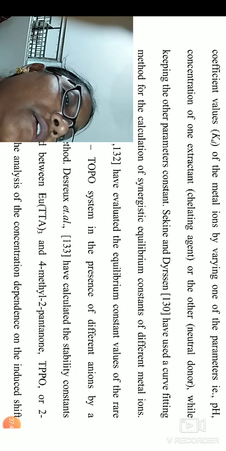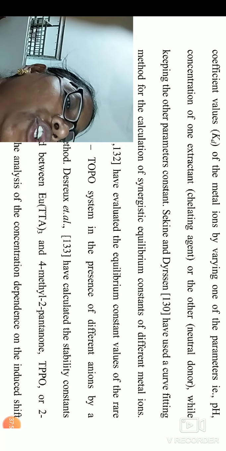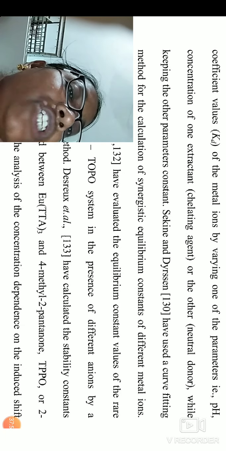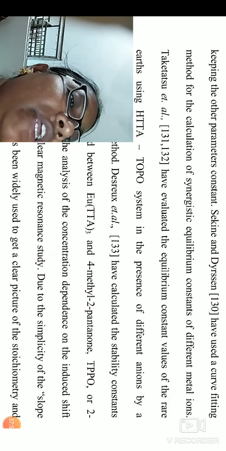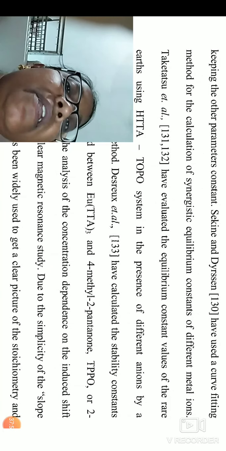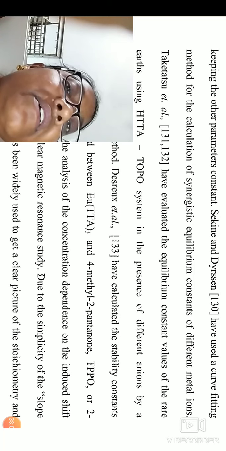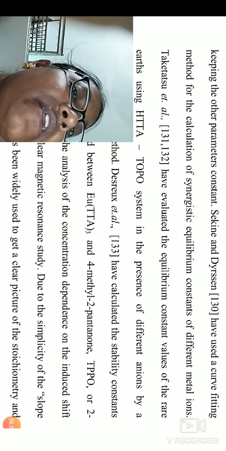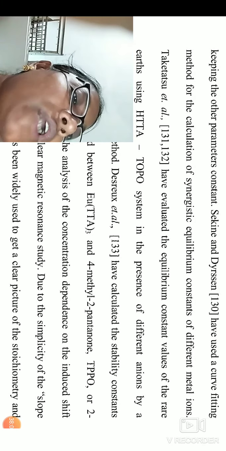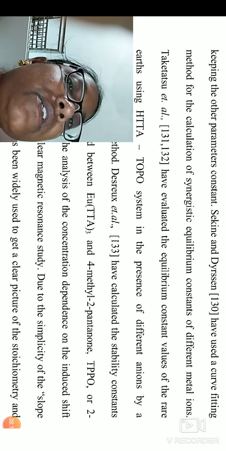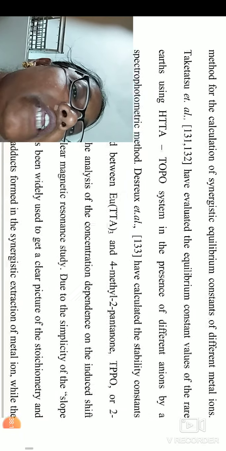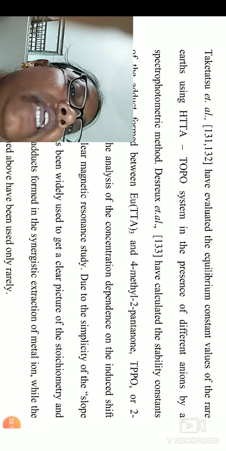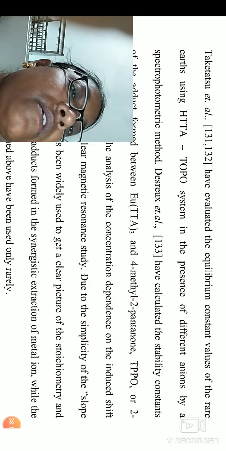Saikin and Dersin have used a curve fitting method for the calculation of synergistic equilibrium constants of different metal ions. Takeshi and coworkers have evaluated the equilibrium constant values of the rare earths using an HTTA system in the presence of different ions by a spectrophotometric method.